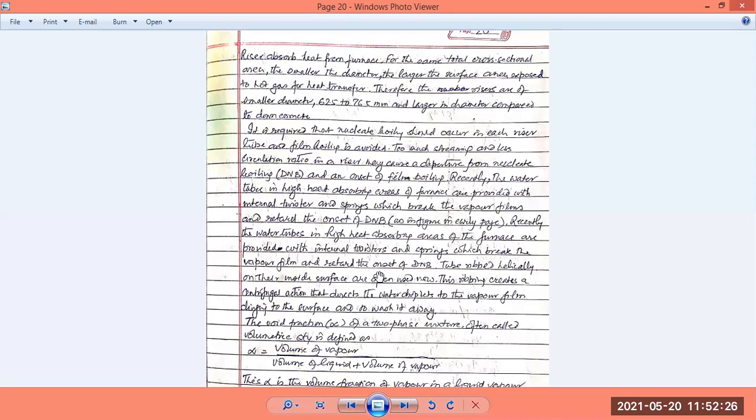And if the absorption in the steaming process is too much, then the circulation ratio may cause a departure from nucleate boiling, DNB, and the onset of film boiling.